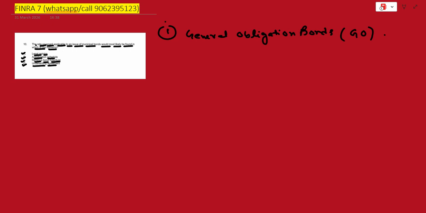If the city owes money, they just tax your breathing. Now the second one is the revenue bonds. What's that? These are backed by a specific project like a toll bridge. Like if nobody drives on the bridge, the bondholders cry.